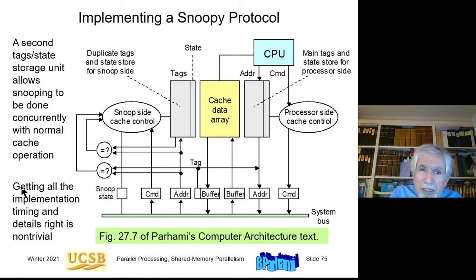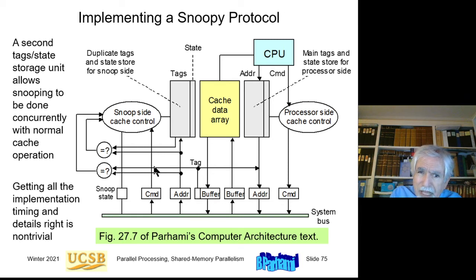Okay, and when this comparison of the address on the bus with the tags takes place, the tag of this buffer is also compared. Remember that something that was kicked out of the cache goes into this buffer and is not yet written into memory.